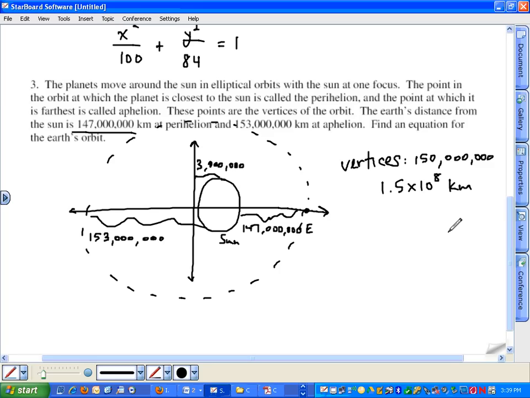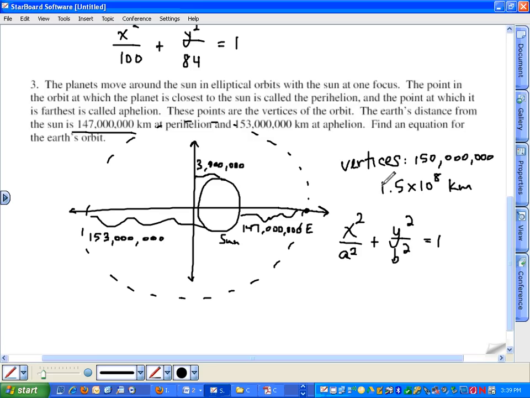Now, what's being asked here is an equation of the Earth's orbit. So it's the equation of an ellipse, and the way we've diagrammed this is going to be a horizontal ellipse. So it's going to be x squared over a squared plus y squared over b squared is equal to 1. The vertices at 1.5 times 10 to the 8th, that equals a. So what we need to figure out is a squared.